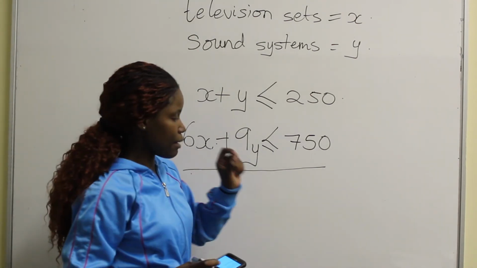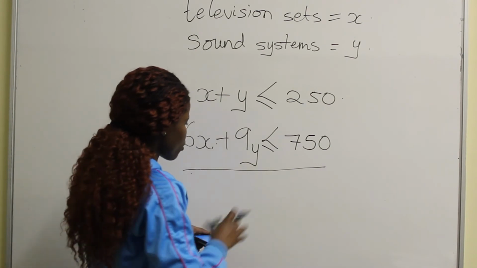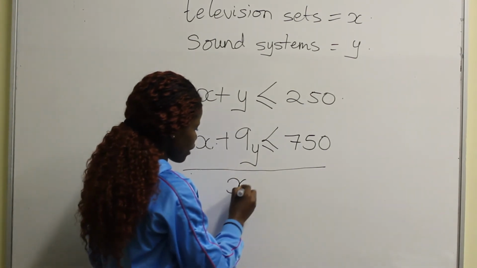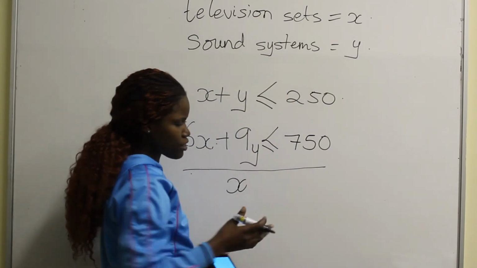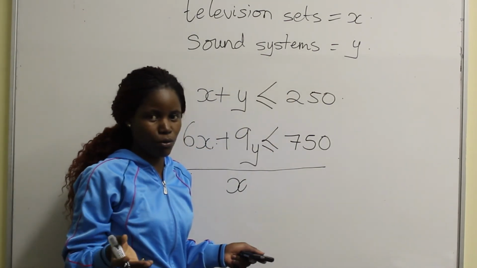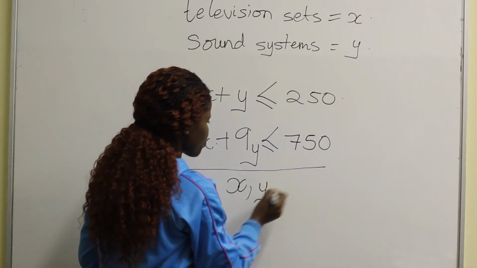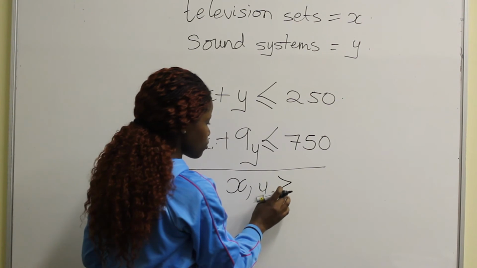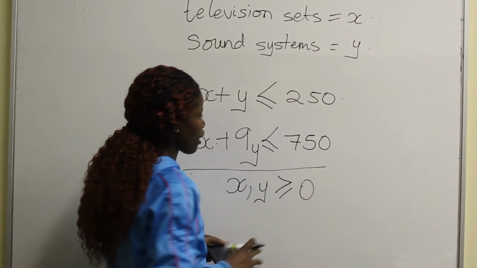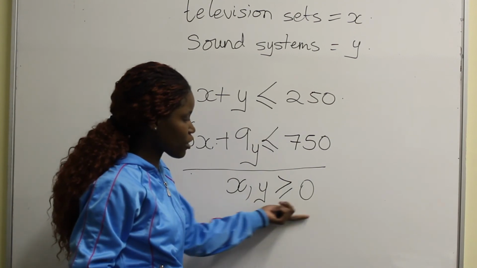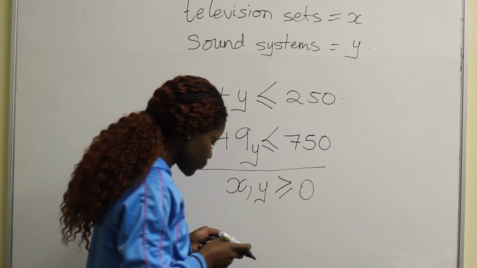There is always an implicit constraint. Since these are all objects, we cannot produce something that is less than 0. We can never have a negative. Therefore, X, Y always has to be greater than or equal to 0, since either you can produce nothing or you can produce something that is positive.